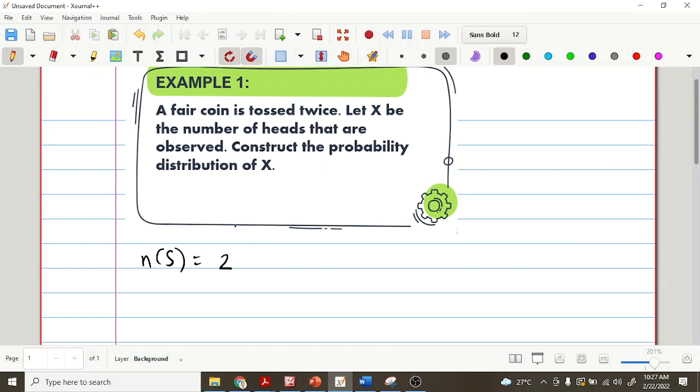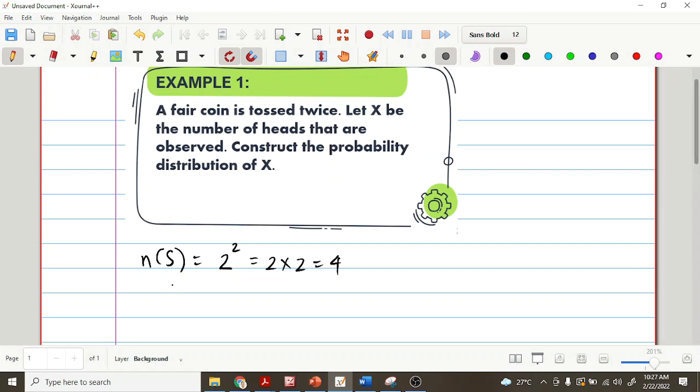So, doon sa ating random experiment na tossing a fair coin twice, dalawang beses ko ito toss yung fair coin. So, 2 raised to 2. Bakit 2 yung exponent? Kasi twice ko ito toss yung coin. So, syempre, kapag ito toss yung coin 3 times, 3 yung magiging exponent niya. Kapag 5 times, 5 yung magiging exponent niya. So, that will be 2 times 2 or 4.